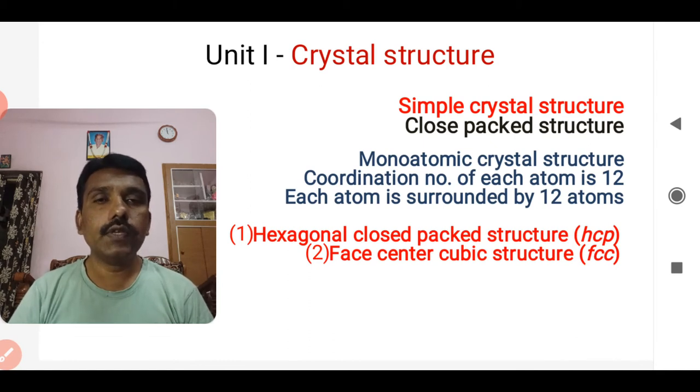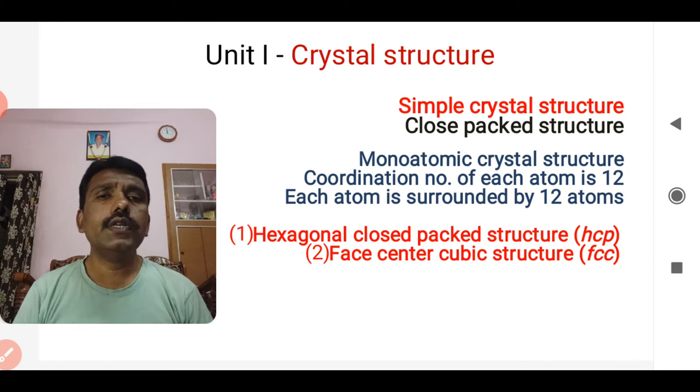Such a crystal structure comes under the close packed structures. Whenever there are fewer than 12 atoms in one unit cell, the crystal structure or lattice comes under the loose packed structures. Monoatomic crystals are the best examples of close packed structures.